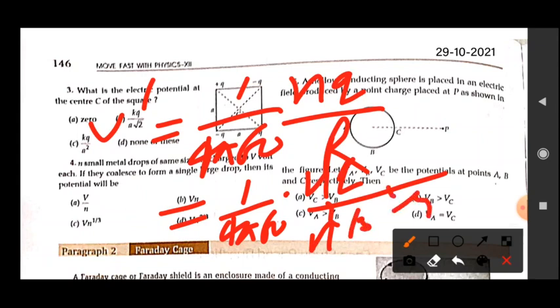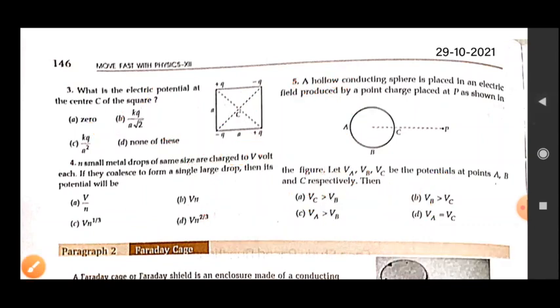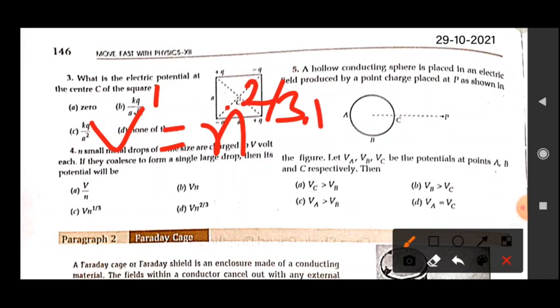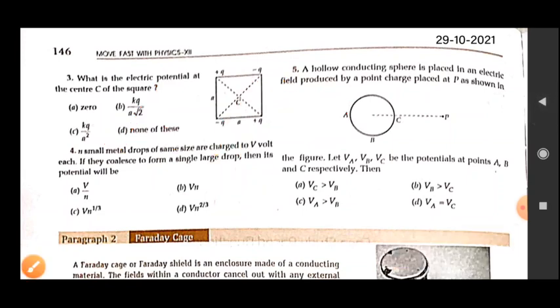This is the value we have got, and finally if you solve it, V dash will be equal to n power 2 by 3 into V. So this is the answer for our question. Now you can search in the options which one is correct. You can see option D is correct here.